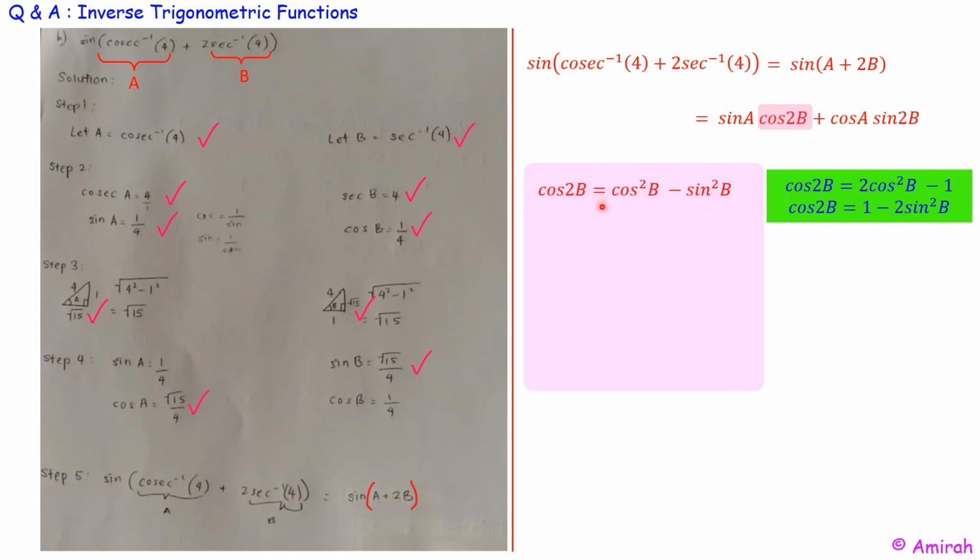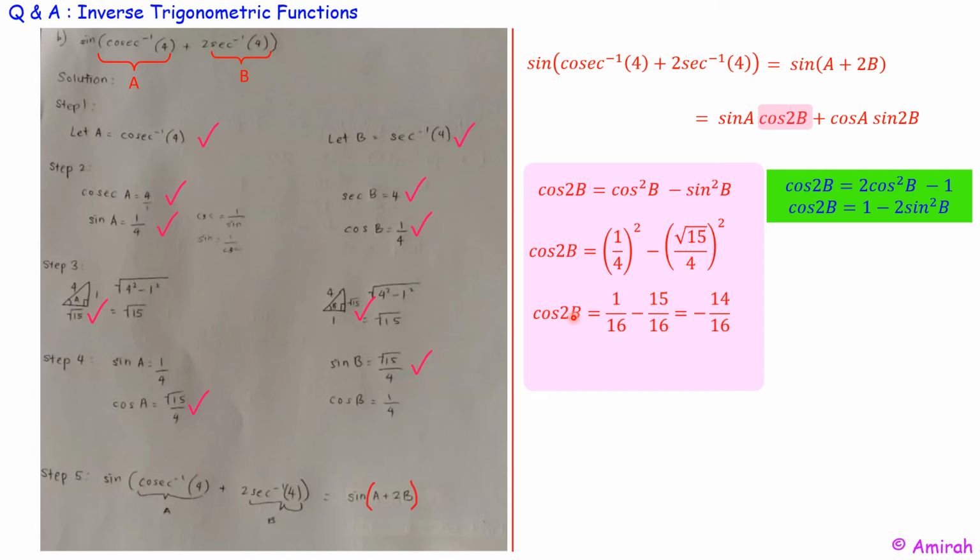Okay, alright, so from here we have cos 2B equals cos B, which is 1/4, in brackets squared, minus sin B, which is root 15 over 4, in brackets squared. Then we simplify this, so we get 1/16 minus root 15 squared over 16, so we have no more root, we have 15 here, over 16.